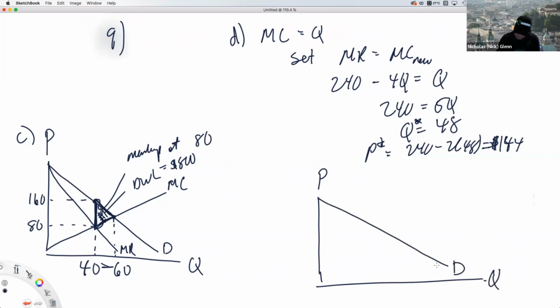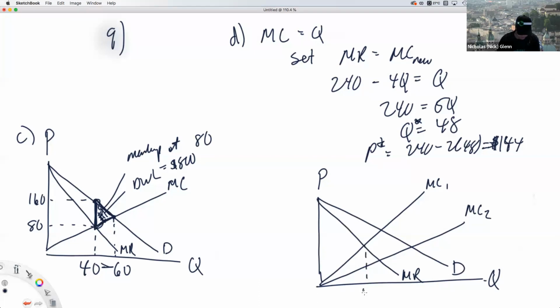Here's our demand. Here's our marginal revenue. Let's say this is our original marginal cost, and this is our second one. Remember, we saw that was 40. This is 80. That's 160. That's our original outcome right here.